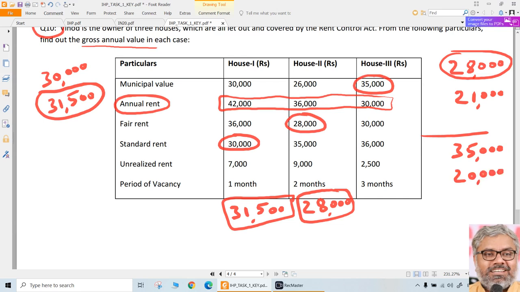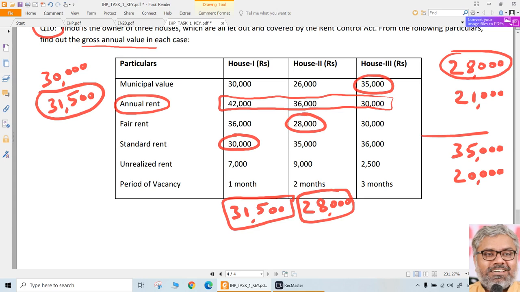So 30,000 is annual rent for 12 months. 9 months it would have been 22,500. Then unrealized rent 2,500, if you reduce, the actual rent received or receivable will be only 20,000. It is also less than expected rent. But once again, why? Is it due to vacancy? No, it is not due to vacancy. Very evident. Why? Because annual rent itself is less than expected rent.